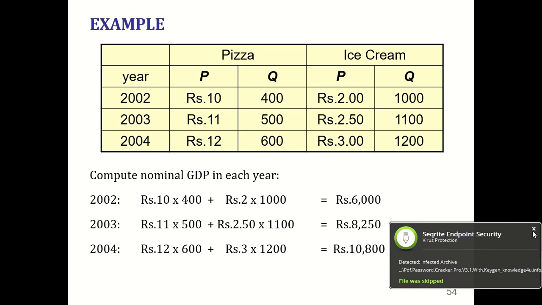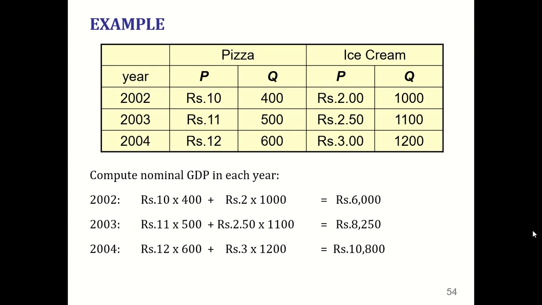Now, if somebody wanted to compute the nominal GDP growth, how much does it turn out to be? It is 37.5% in 2003 over 2002, and roughly 31% in 2004 over 2003. Now, this was growth with regard to the nominal GDP.